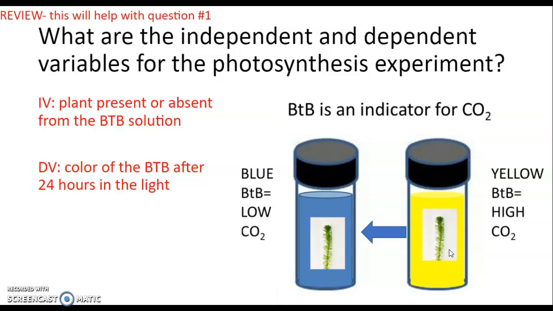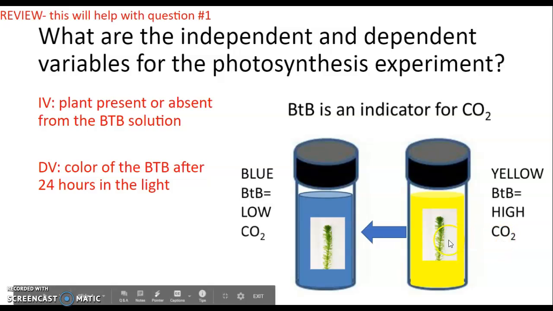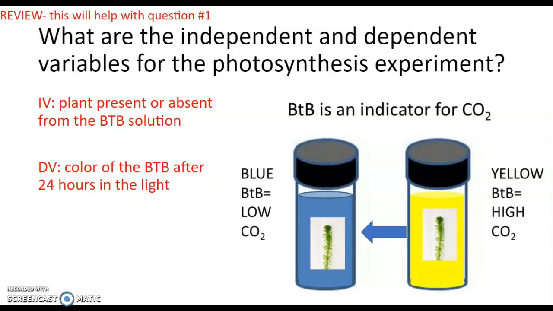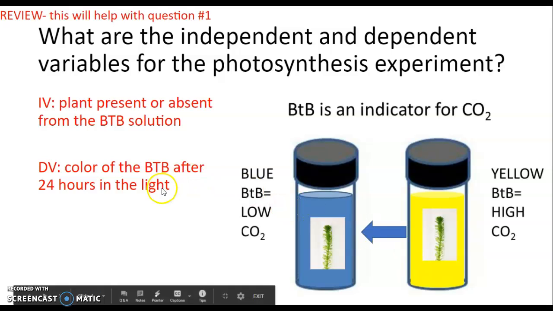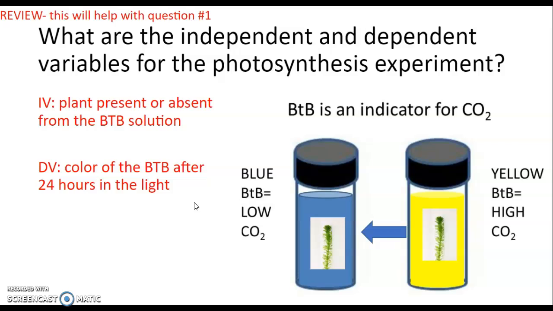In other words, if you compared the plant jar with the jar that had no plant, you could look at the two of them and realize, wow, if it had a plant in it, the solution turned blue. If it did not have a plant in it, the control group stayed yellow. So the independent variable is the only thing that was different. It's the thing that we're trying to test for. The dependent variable is what you measure, and what we measured was the change in color.